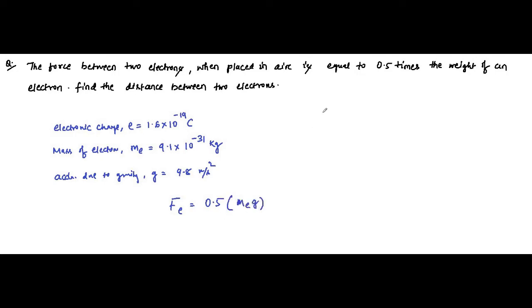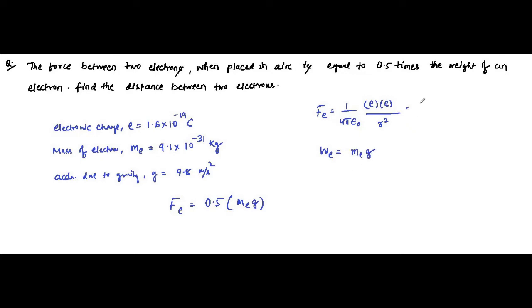So here Fe is equal to 1 by 4 pi epsilon 0 e square by r square, and this is the weight. The weight of the electron is equal to m e g.